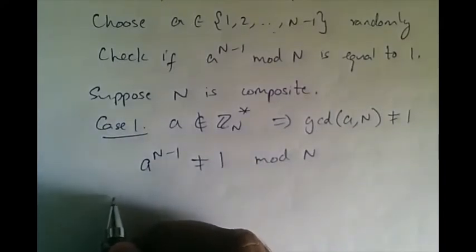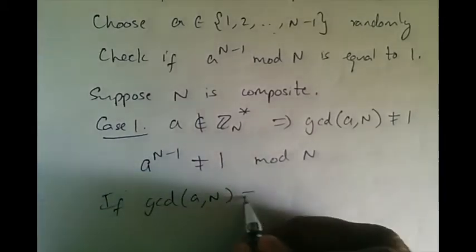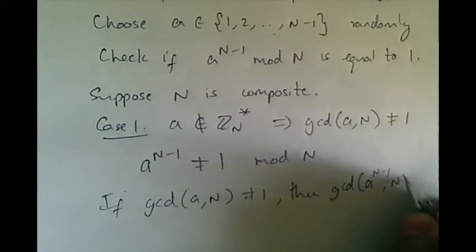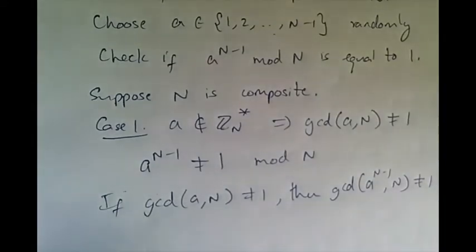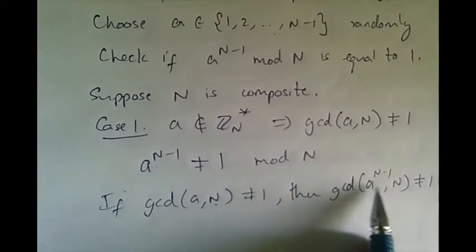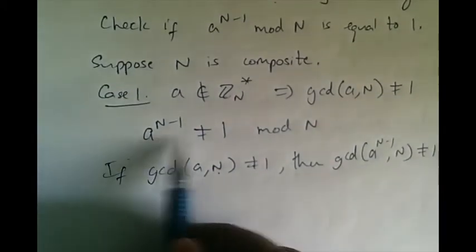Because you have a divisor between a and n which is not equal to 1. Now that divisor will be common between a raised to n minus 1 and n as well, because that divisor of a and n will also divide a raised to n minus 1 and n. So this is true, which means that this cannot be equal to 1.